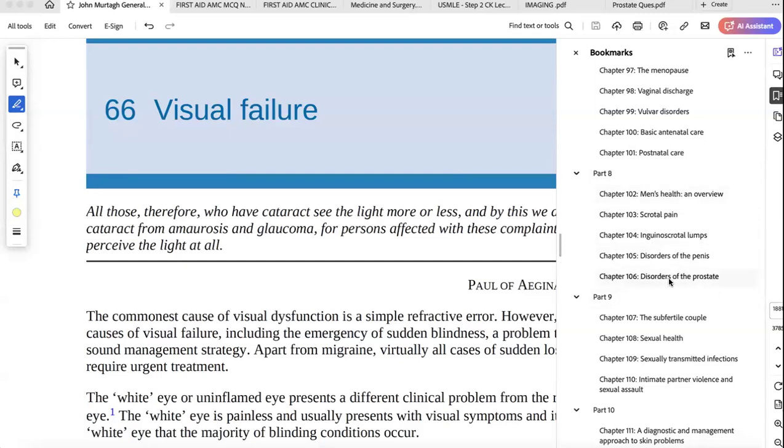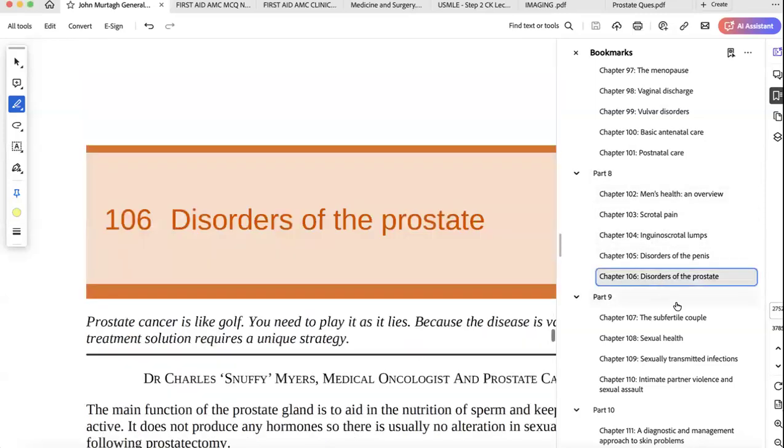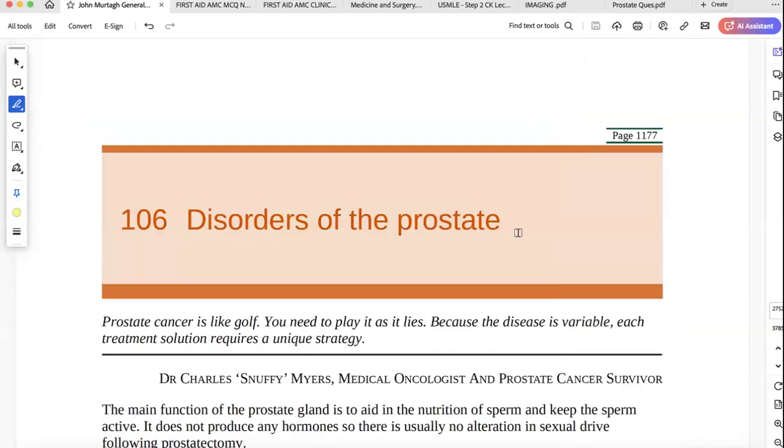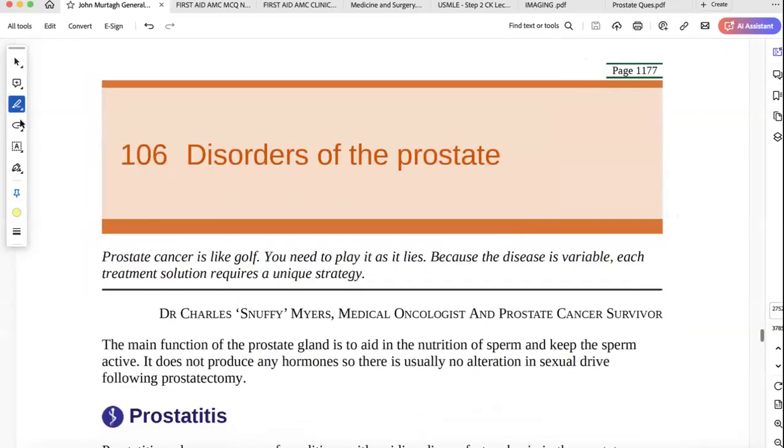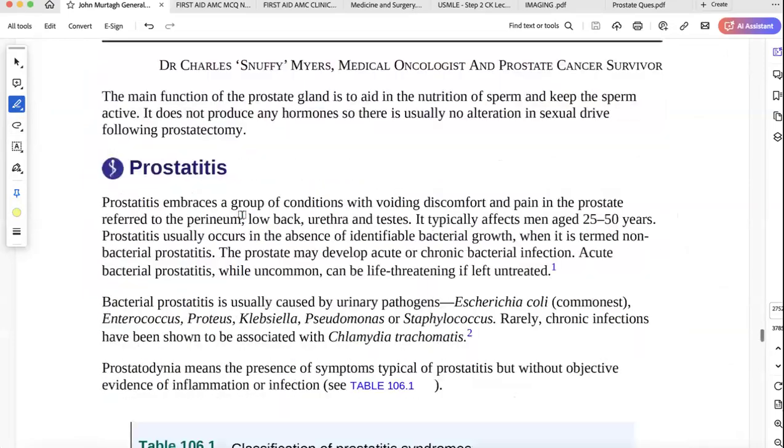Not super important, but the main one is these disorders of the prostate that you can give a read, but we'll discuss the main important ones.